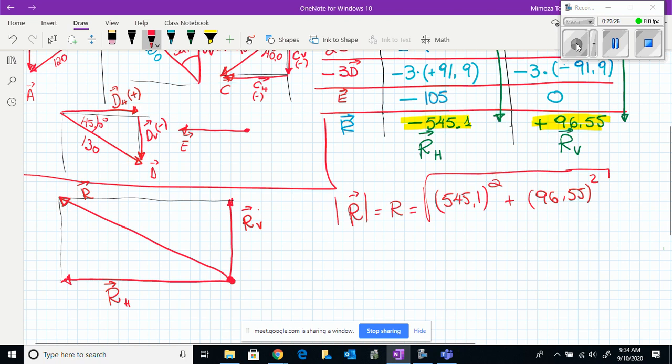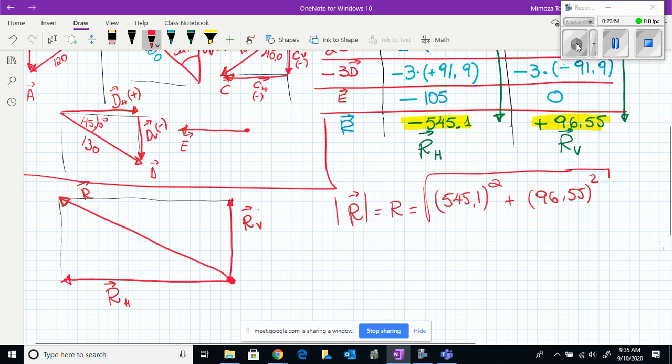Why? For two reasons. First of all, I know where the vector is. I know now that the vector is between west and north, so I don't worry about the sign. And the second is that when you are squaring, a negative number still will be positive. So it doesn't really matter.